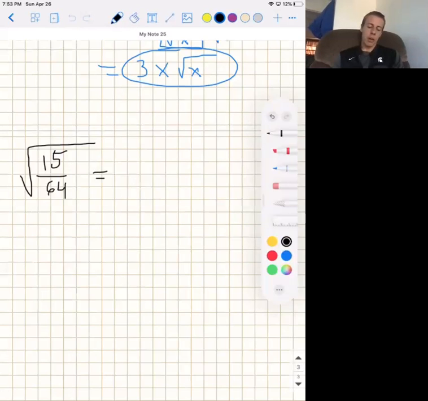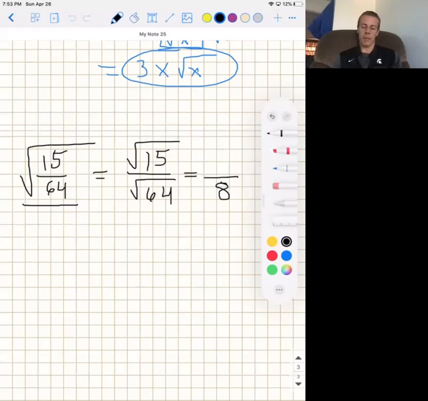But if you have a division statement under a radical like we do here, you can split it up into the square root of 15 divided by the square root of 64. Well, the square root of 64, what number times itself is 64? That's 8. So we have 8 as our denominator. And now we have to figure out, are there any perfect squares?